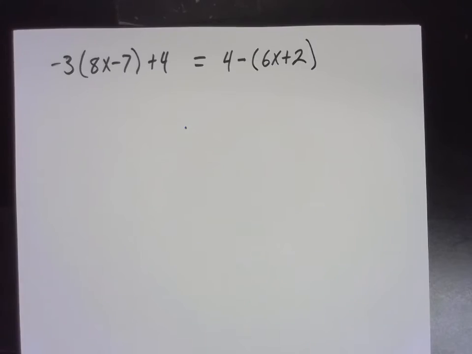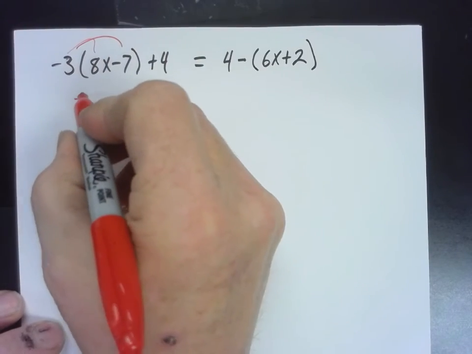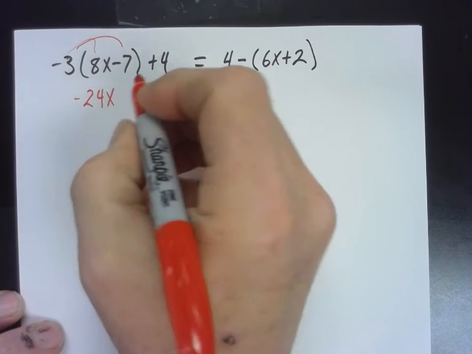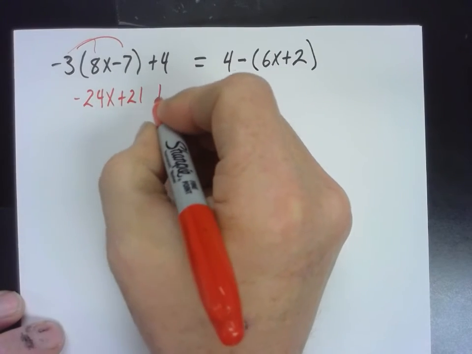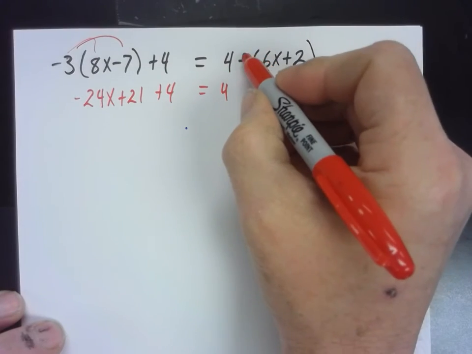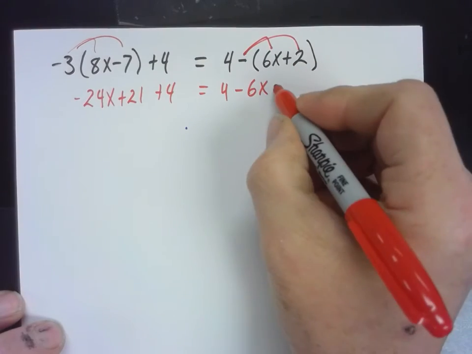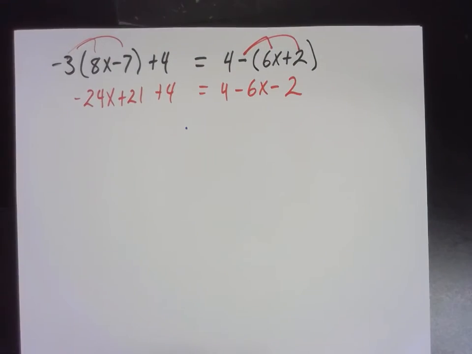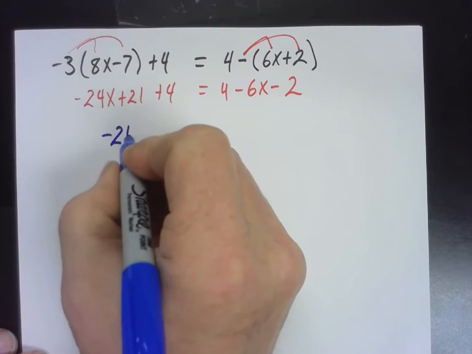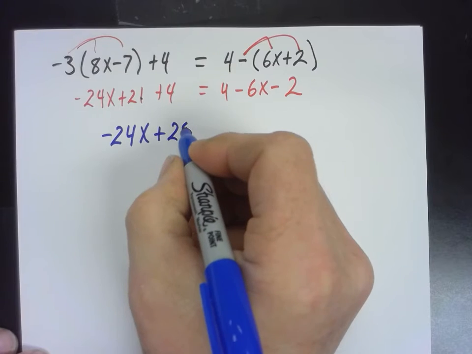Okay. And you guys know how to use the distributive property. You even know how to use the distributive property here. We subtract 6x and we subtract 2. You know how to add like terms. 21 and 24 can go together. That's just 25.